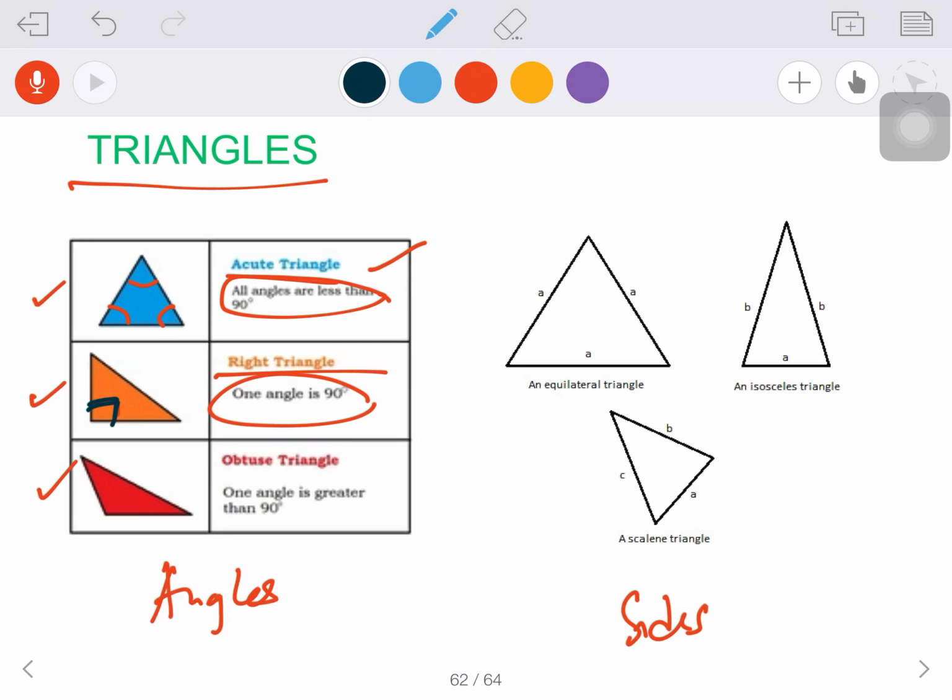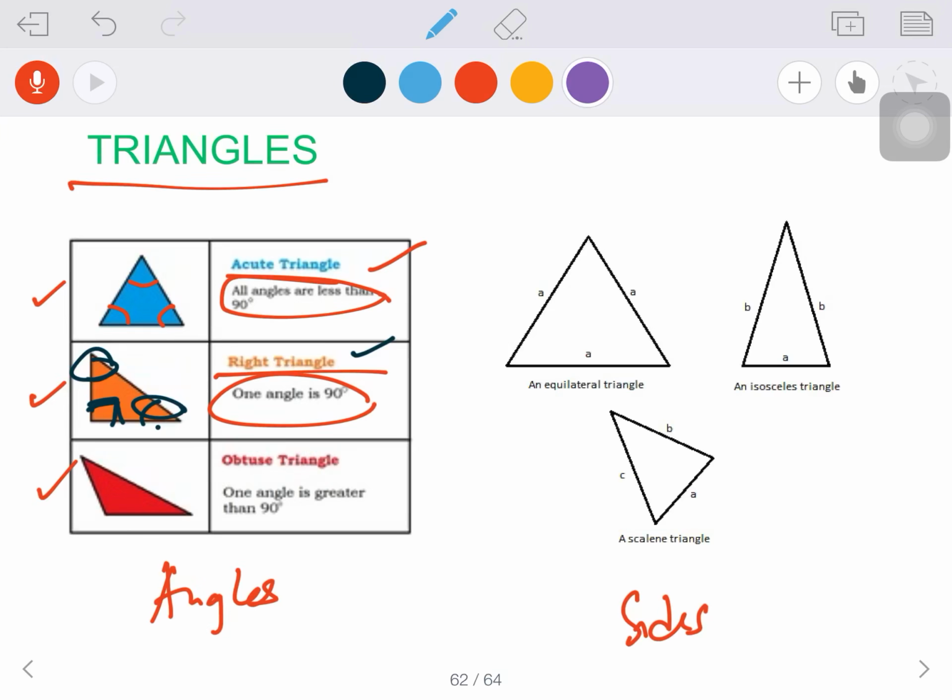Now, if I ask you, what do you think are these angles here? Are they acute or obtuse? Okay, correct. They should be acute. Can any one of these two angles here be obtuse? No. So, one right angle in a right triangle and the other two should be acute. What about if it's an obtuse triangle?